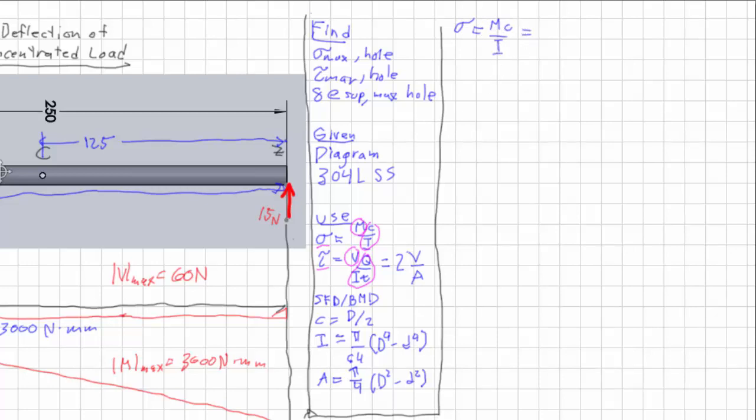Now we found our maximum bending stress here of 3,000 Newton millimeters. And c is half the diameter right here. That works out really easily for circular cross sections. So d over 2, d is 10, so this is 5 millimeters.